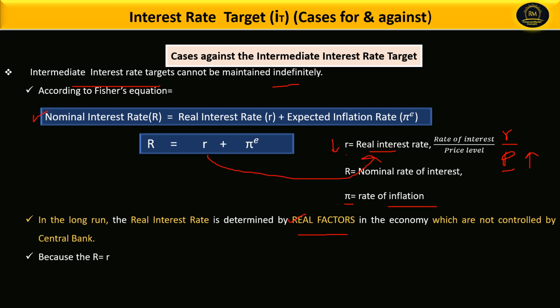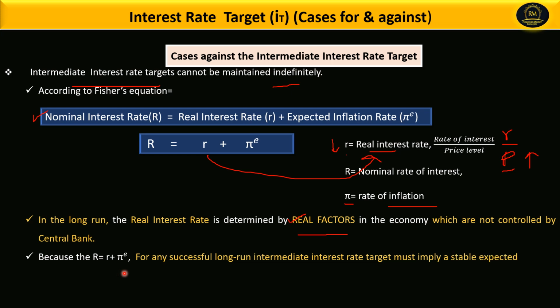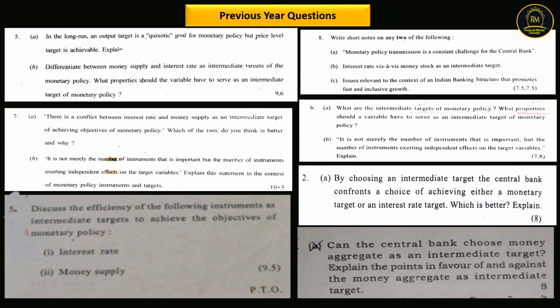So because the nominal interest rate is equal to the real interest rate plus expected inflation rate, any successful long-run intermediate target must imply a stable expected inflation rate at the rate implied by the interest rate target and the real interest rate. So let us see some previous year's questions on this topic.